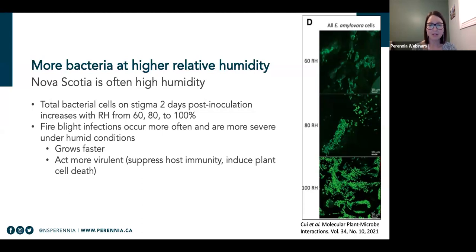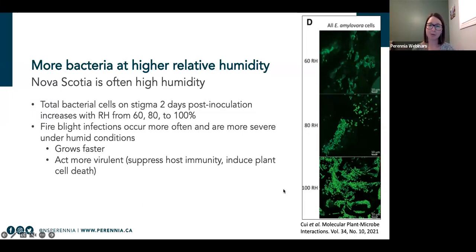This is 2 days after bacteria have been inoculated on the stigma under these different relative humidity conditions. You can see at 60% relative humidity, there's some bacteria, at 80% in the middle here, there's more bacteria, and at 100% relative humidity, there's quite a bit of bacteria.